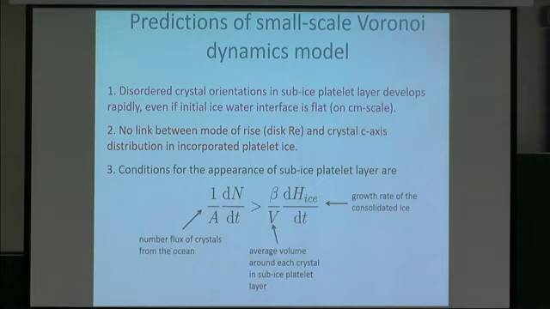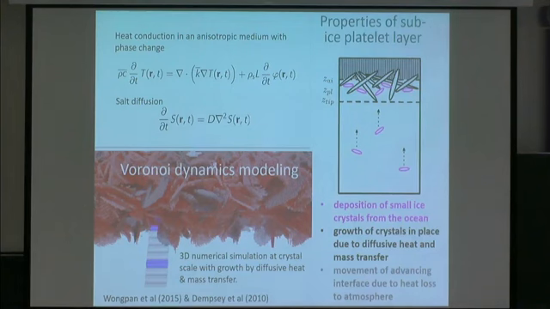And so basically what it is, it's when the number flux of crystals from the ocean is larger than the rate at which the ice-water interface is coming down and stopping these crystals growing, then you get a subice platelet layer. But because it's mechanical, it doesn't tell us anything about the porosity of the layer.